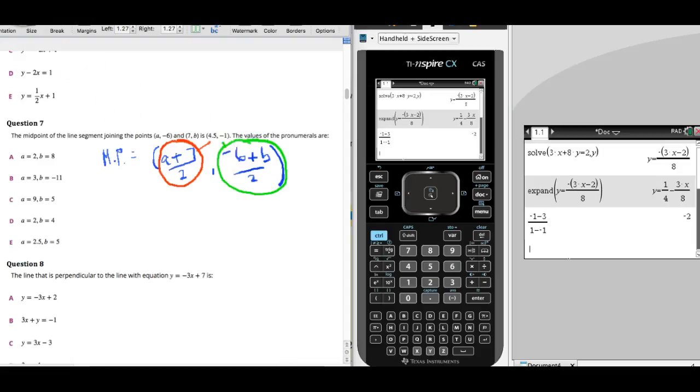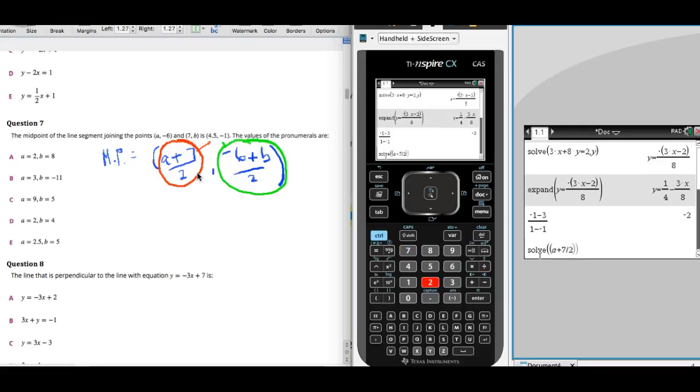So we can go on now and use the calculator, just using solve if you like. So solve, and we'll just do the x component first. So I'm going to write that a plus 7 divided by 2 is equal to 4.5.